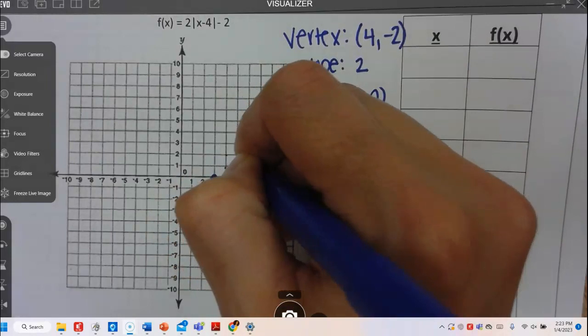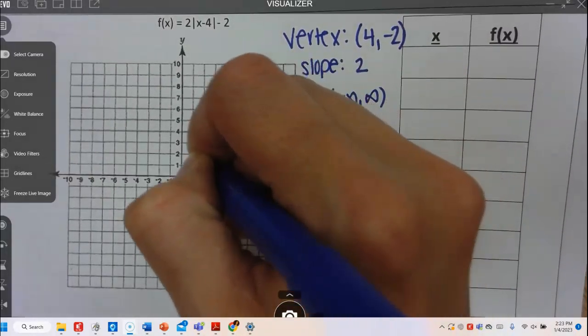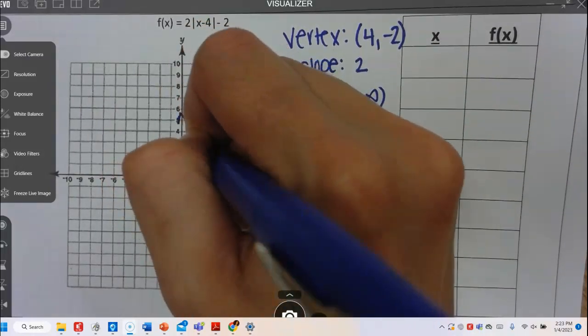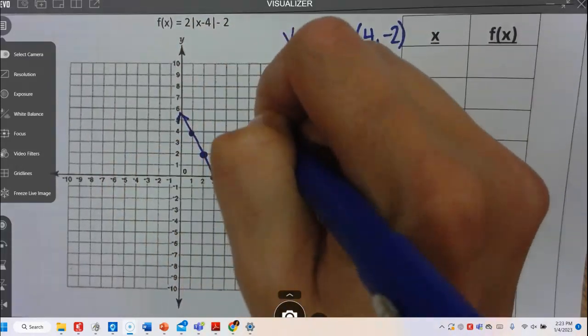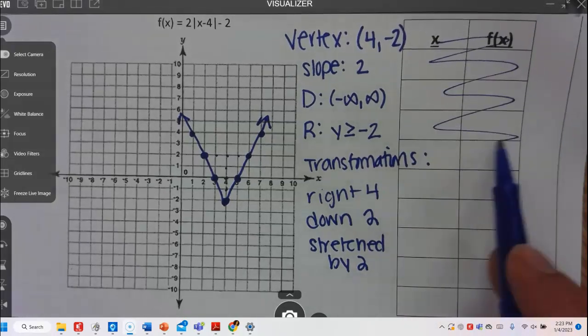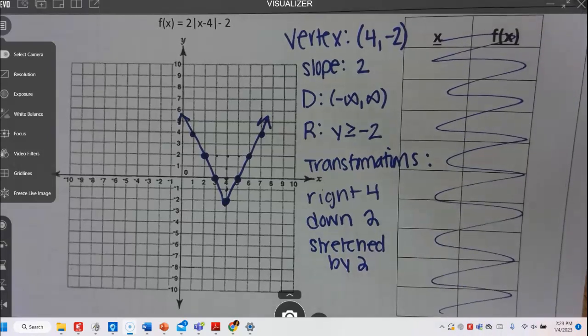If I go up 4 and right 2, I go up 4 and left 2. We are not going to worry about creating tables.